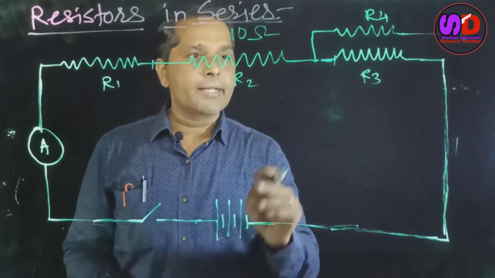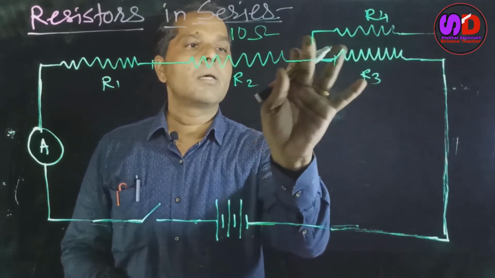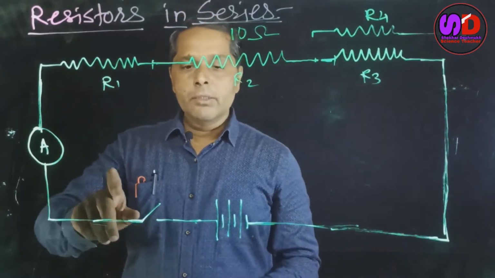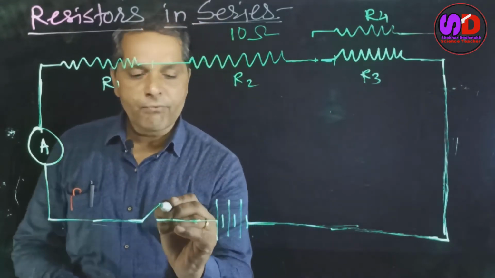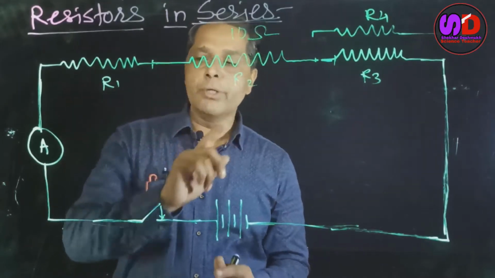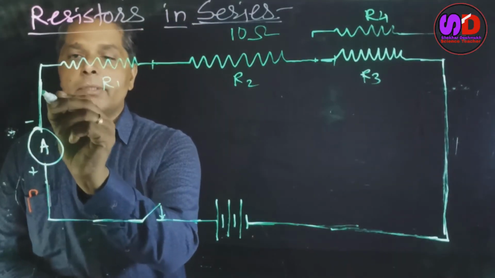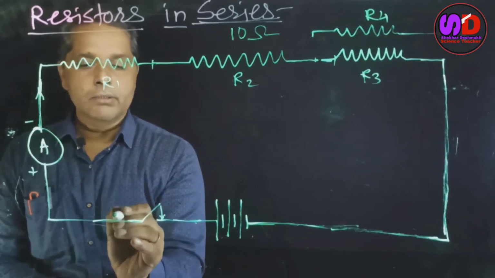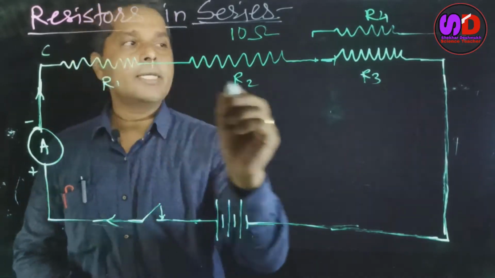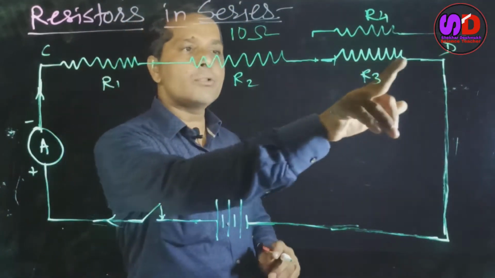If we connect the battery in the circuit and close this key, then definitely current flows from positive to negative, that means the current flows in this direction. This should be the direction of current. Suppose this is point C, this is point D. So current is flowing from C to D.